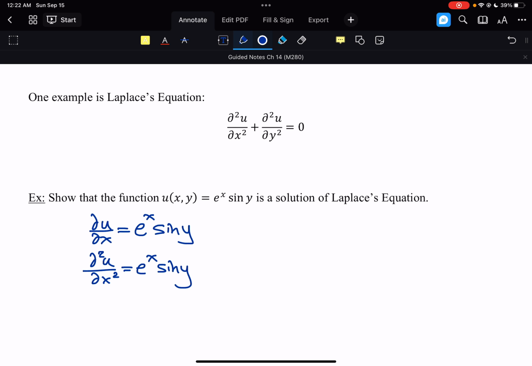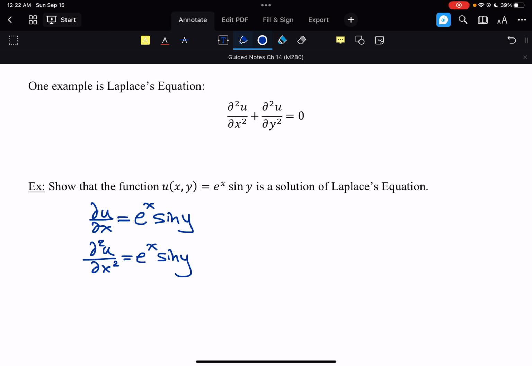Sine of y is a constant multiple. Partial u with respect to y. This will become e to the x tags along cosine of y. Partial squared u with respect to y squared. Derivative of cosine is negative sine, so we get negative e to the x sine of y.